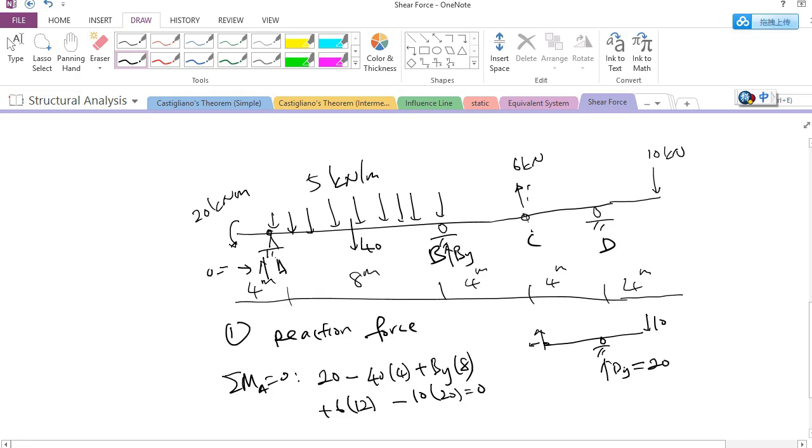We also have DY, don't forget about DY, plus DY times 60. So from here we know that BY is equal to negative 6.5. Let me check the numbers again to guarantee that the answer is correct.